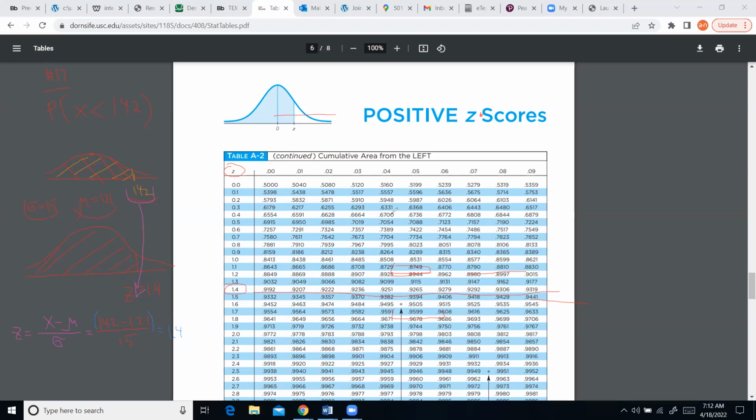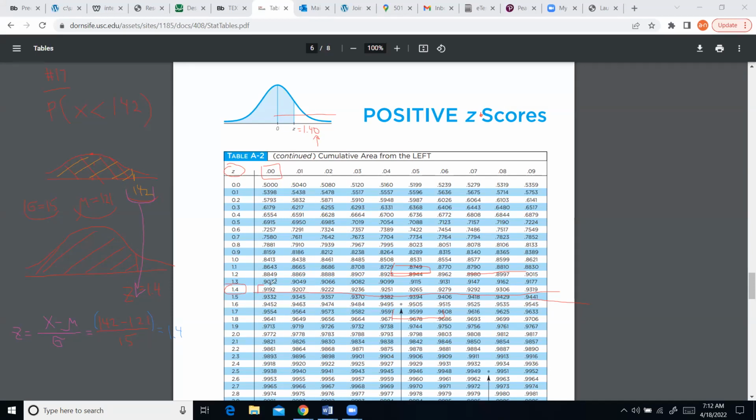So the question is, what column should I select? And the answer is you need to select the very first column, because if your value of Z is exactly 1.4, it means there are 0 hundredths associated to it. So you just use the first column.